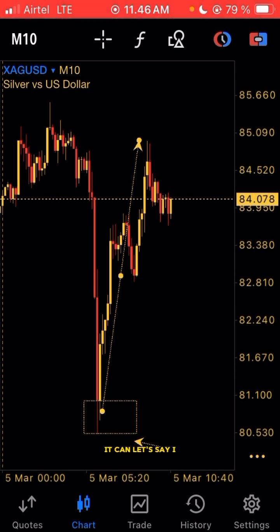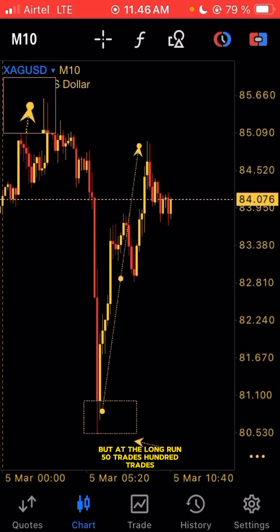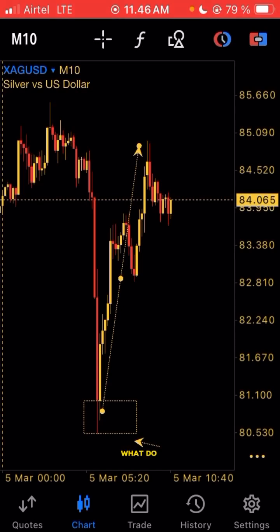Let's say in 5 trades, you win 3, you win 4, it's good, you are happy. But in the long run, 50 trades, 100 trades, what do you think will happen? Destruction, collapse, right?